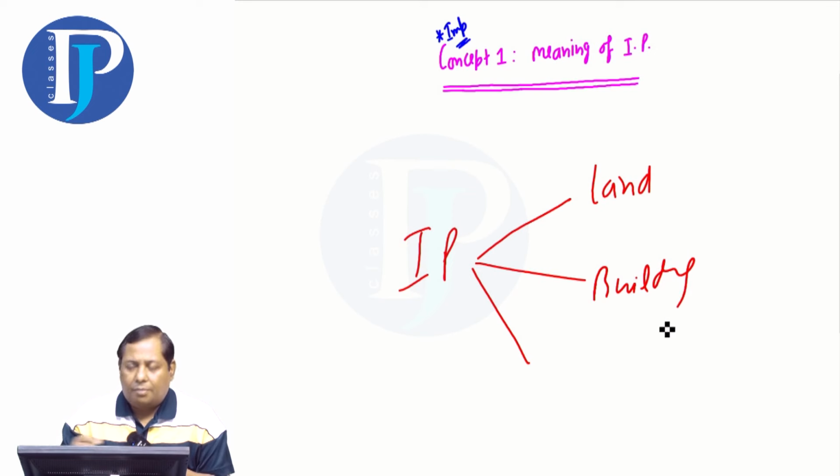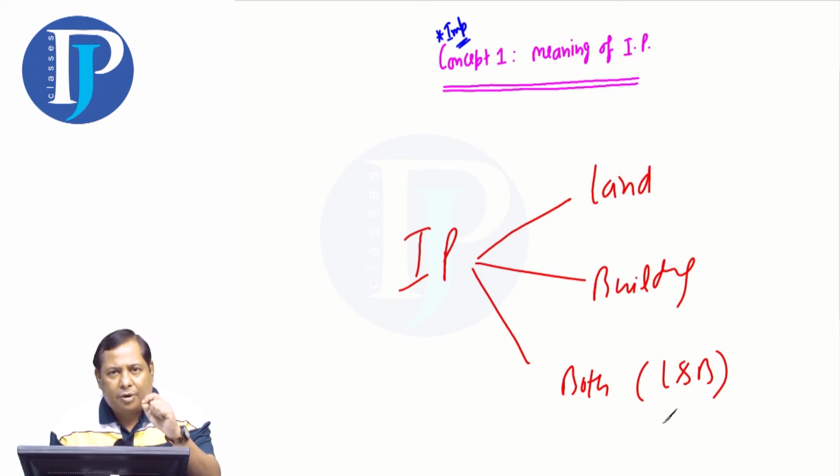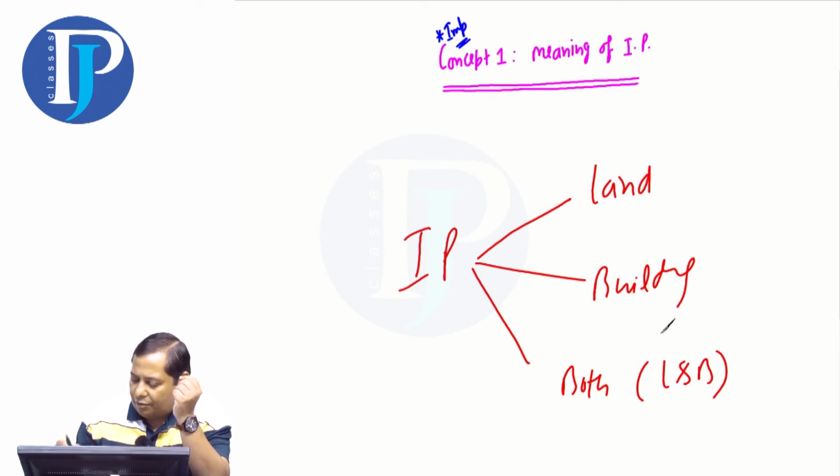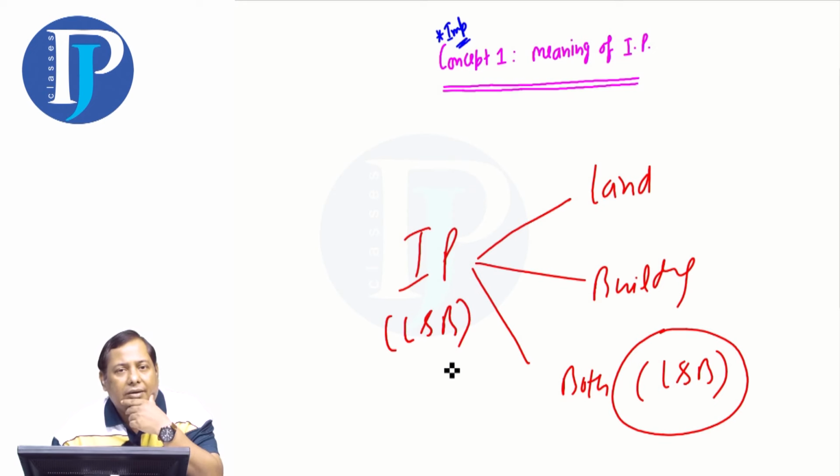It can be a building. Or it can be both, land and building. Meaning, in investment property, we will only be discussing one thing, that is, land and buildings. The simple meaning of investment property is land and building.